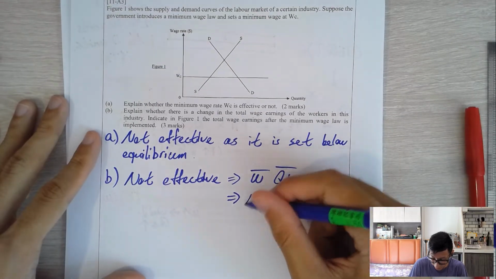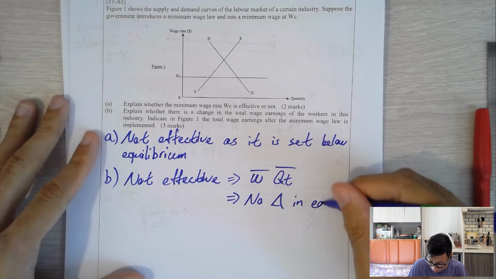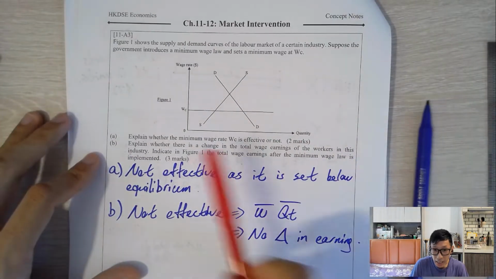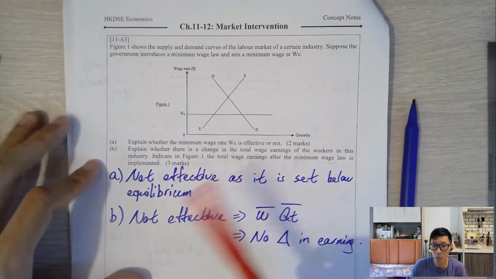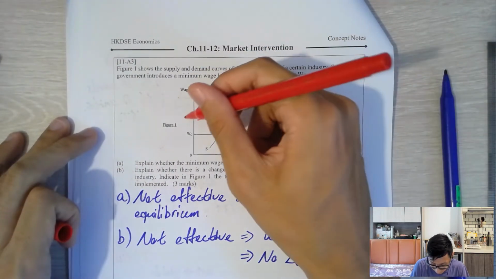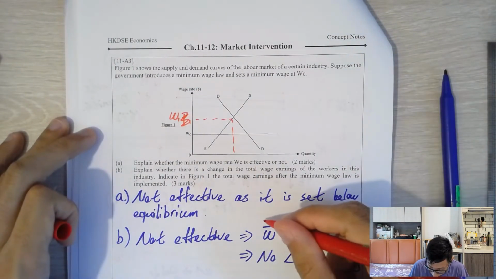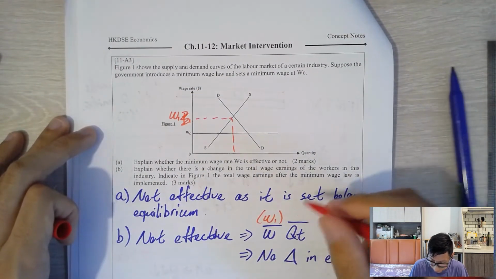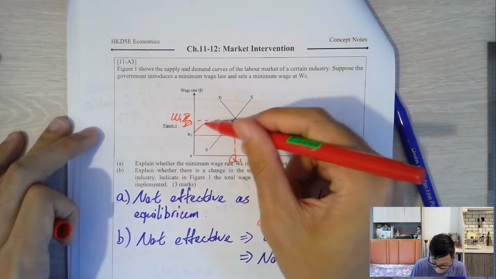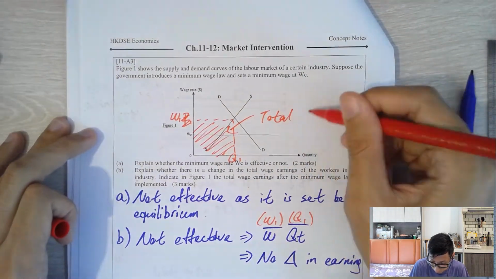Therefore, there will be no change in earning. 係唔會變㗎，冇用㗎。OK，嗱，但係唔好做漏嘢喎。Indicates in figure 1 total wage earning, which would be here actually. Remain at P1。唔好叫 P 啦，好嘛？叫 W 啦。W1, this one remains at W1, and this is at Q1. This, the red one, would be the total earning.